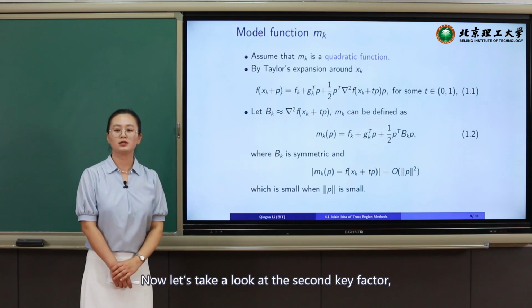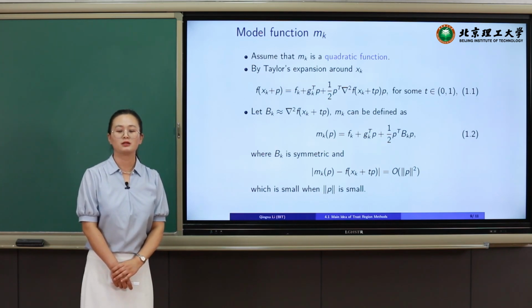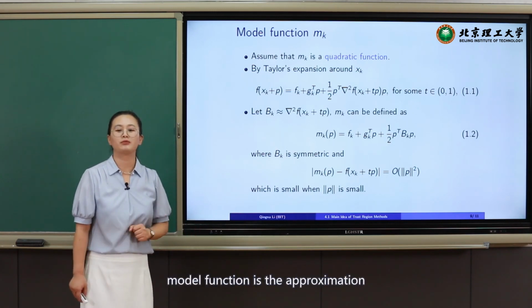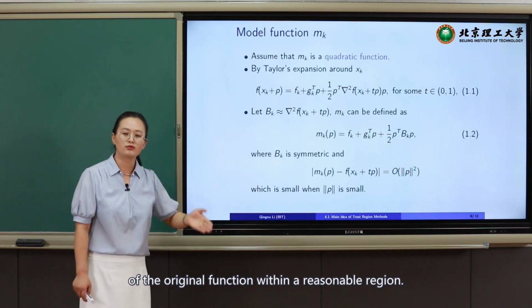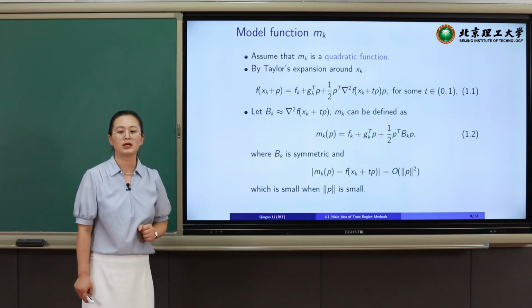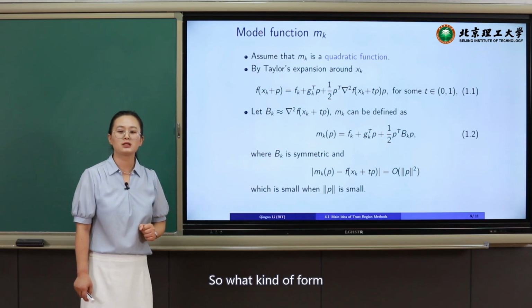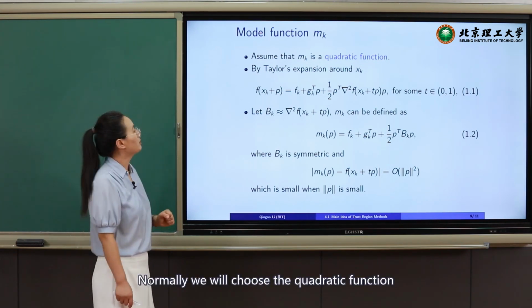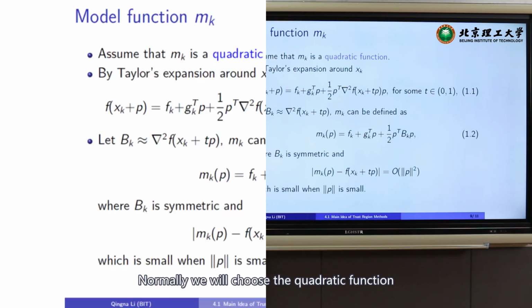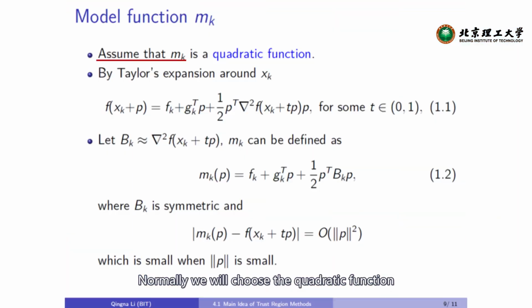Now, let's take a look at the second key factor, the model function. As we mentioned before, the model function is the approximation of the original function within a reasonable region, right? So what kind of form can we choose for the model function? Normally, we will choose a quadratic function.